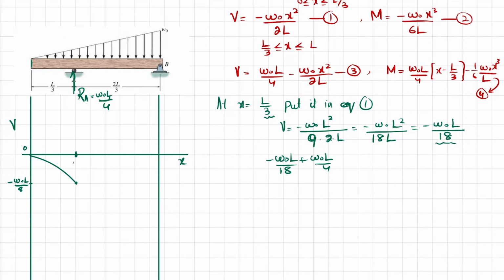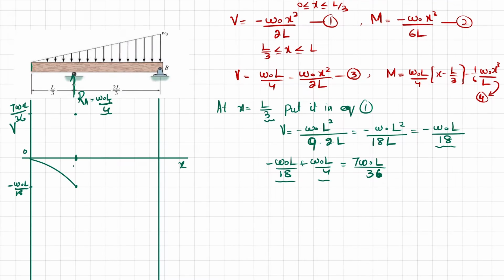Correct it, it will be 18. So there's minus W naught L over 18, plus this load will bring the shear force to 7 W naught L over 36. So this point is 7 W naught L over 36. Clear? So the shear force will suddenly change from this to this by a vertical line.